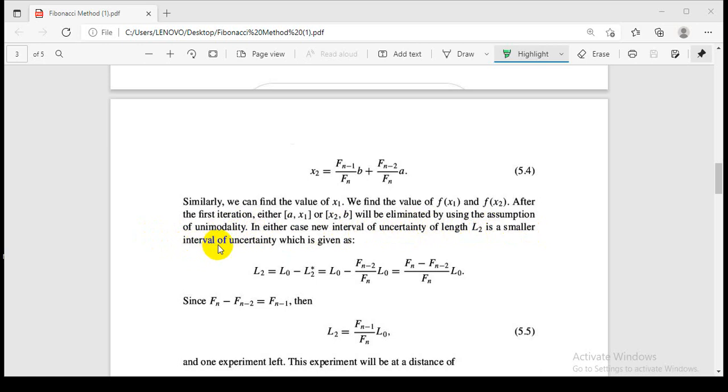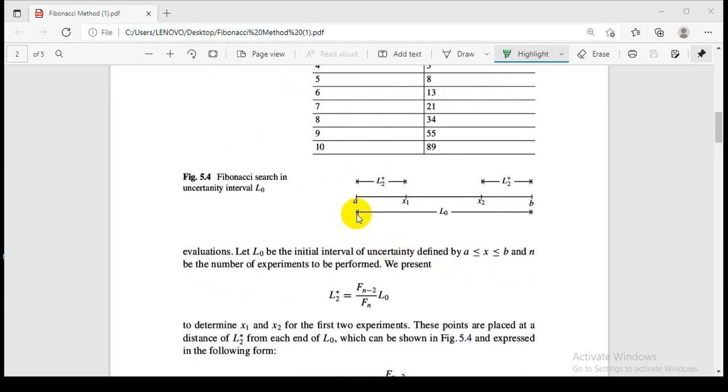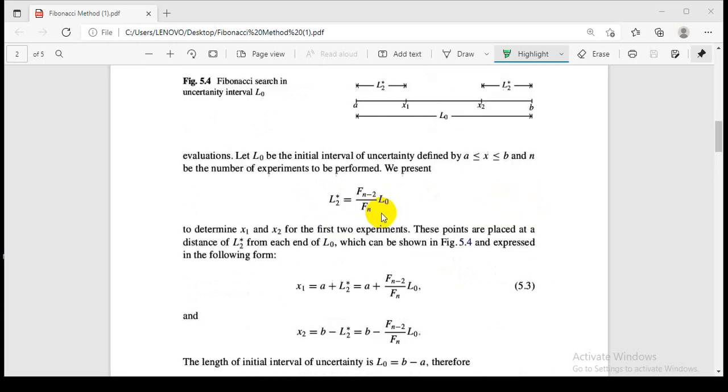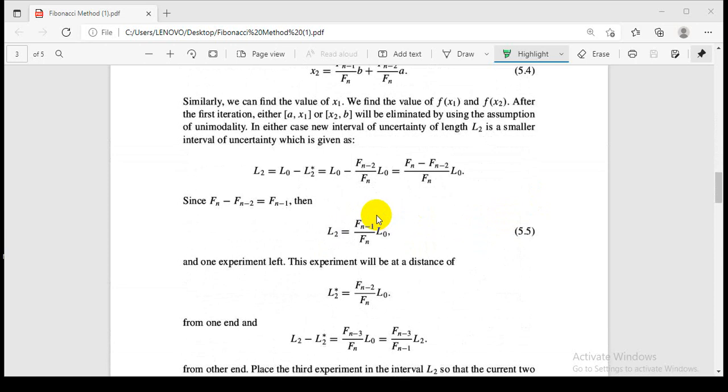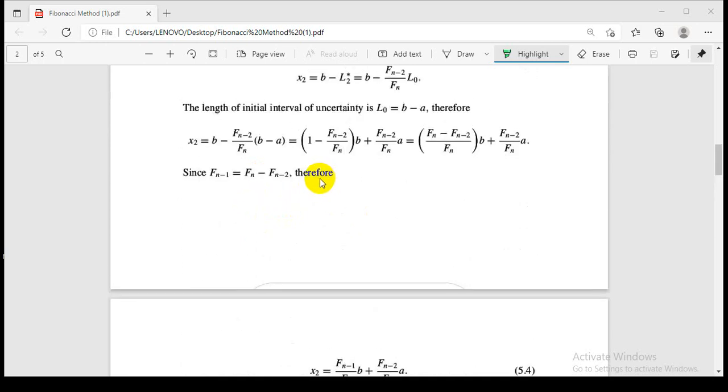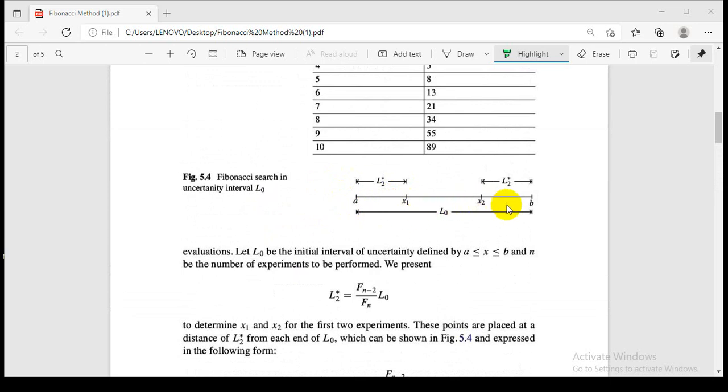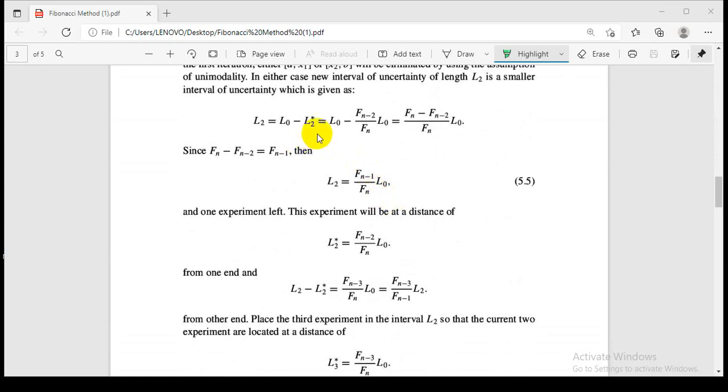Hence L2 equals L0 minus L2 star, and L0 minus L2 star equals Fn minus 2 over Fn multiplied by L0.